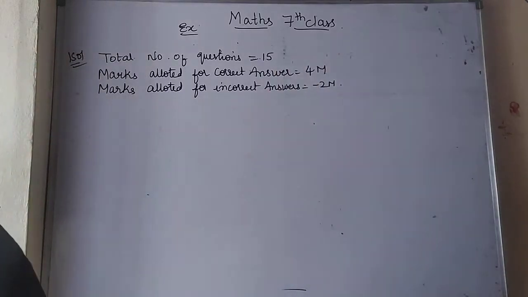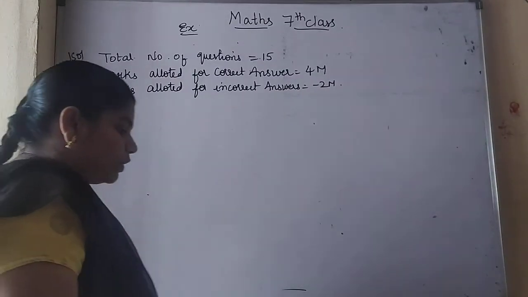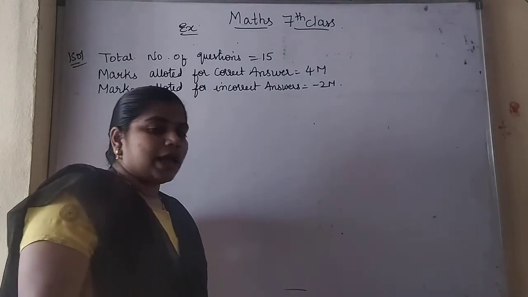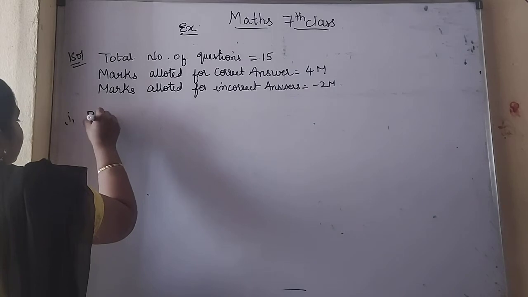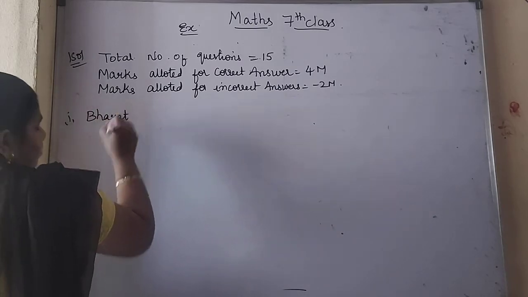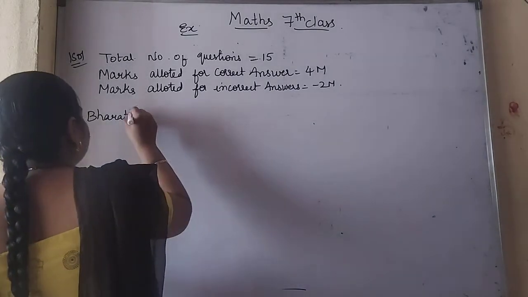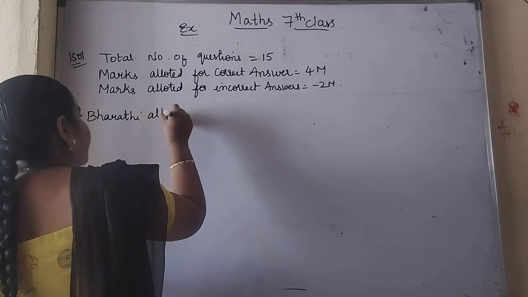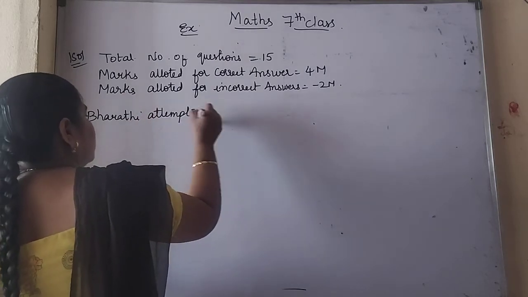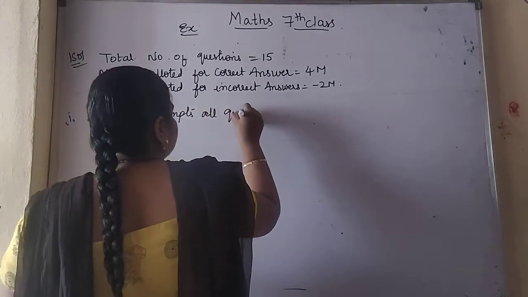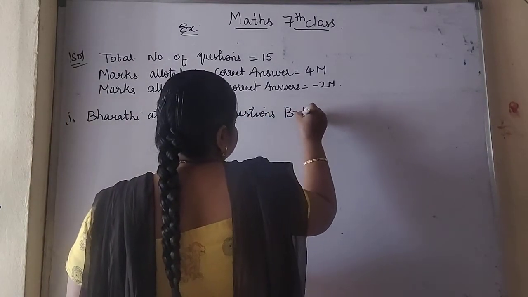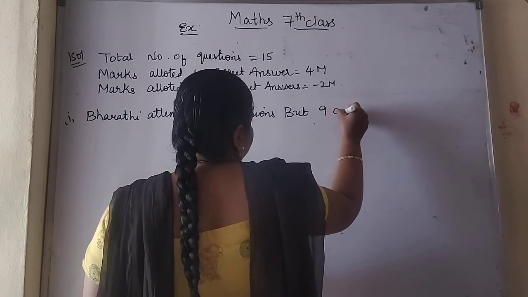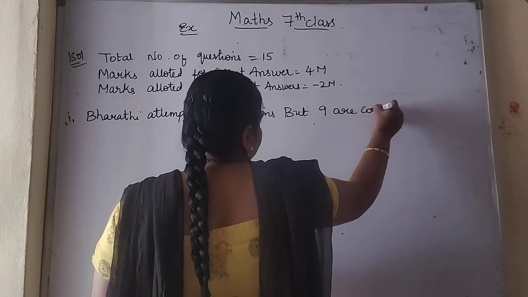Now what is the first question? Bharati has attempted all the questions but only 9 are correct. So here first one, Bharati attempts all questions but 9 are correct.